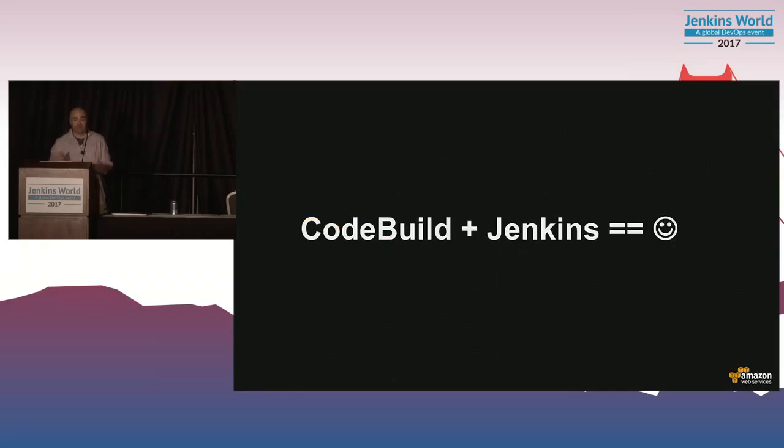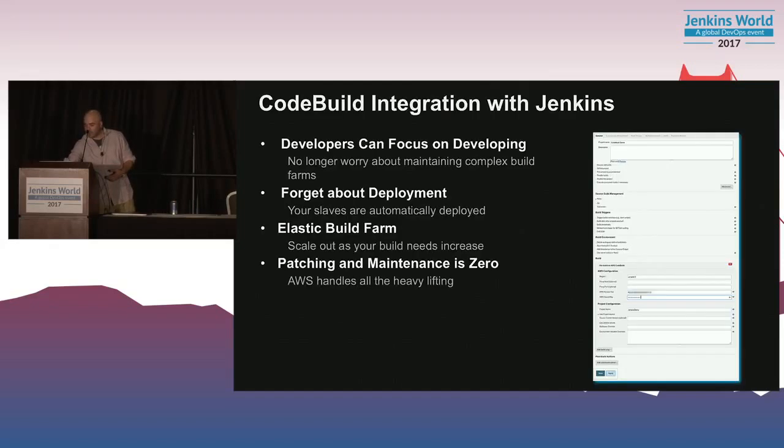Now we talked a little bit about how to integrate Jenkins with Spot. Now we're going to go into how to integrate Jenkins with CodeBuild. We have a Jenkins plugin for AWS CodeBuild, and the idea here is, if you're a developer, how many times have you reinvented the wheel?